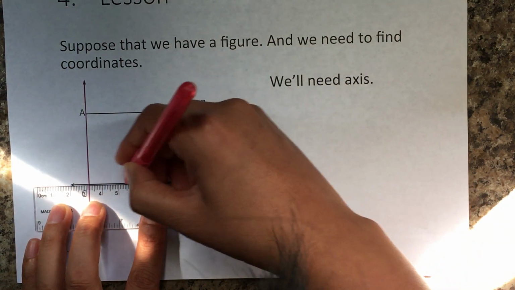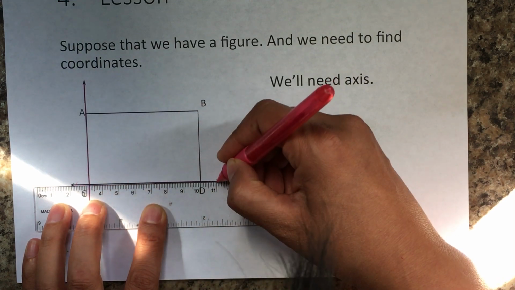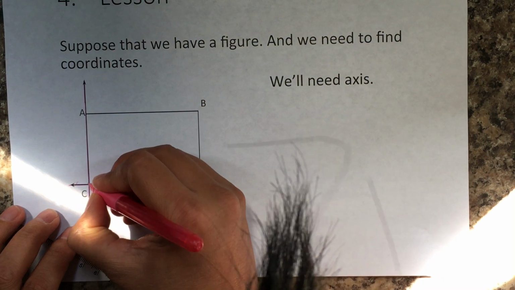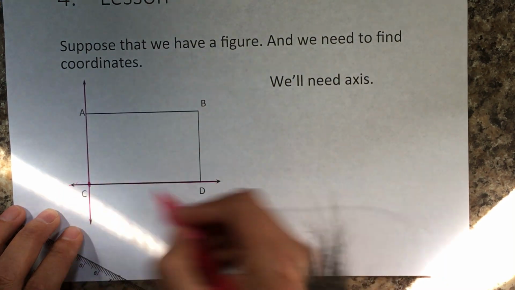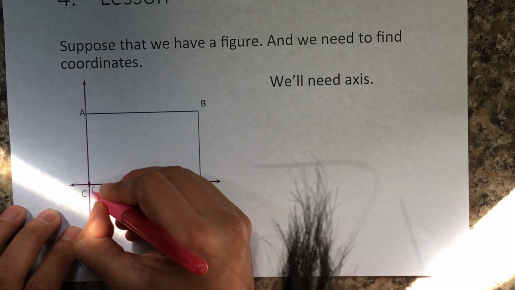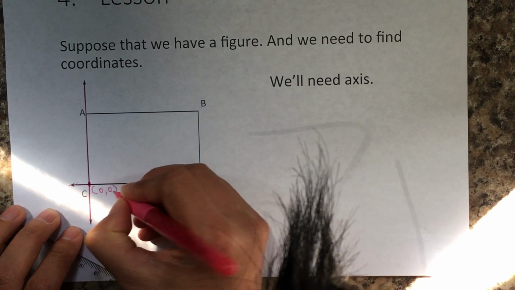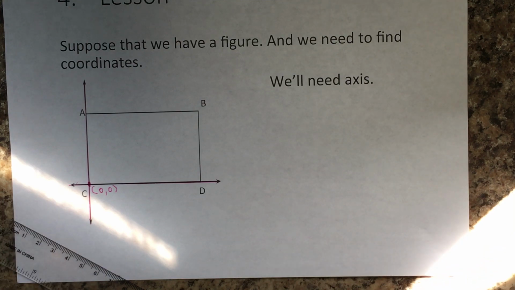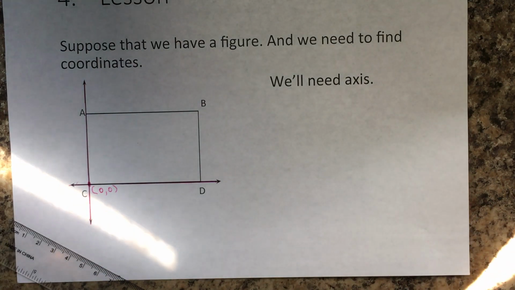And what do we know about point C? Well, every time we have a point right where the 2 axes meet, that's always going to be 0, 0. Okay? 0, 0. Let me see if I can fix that.